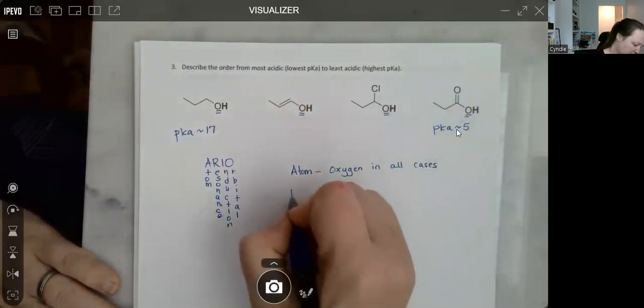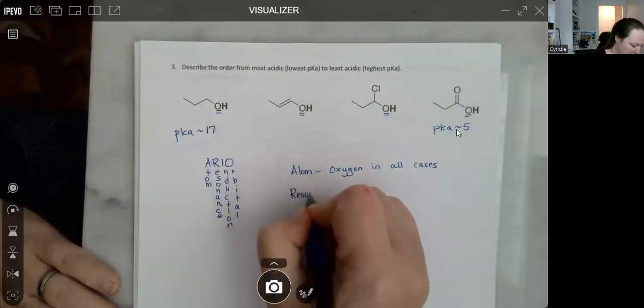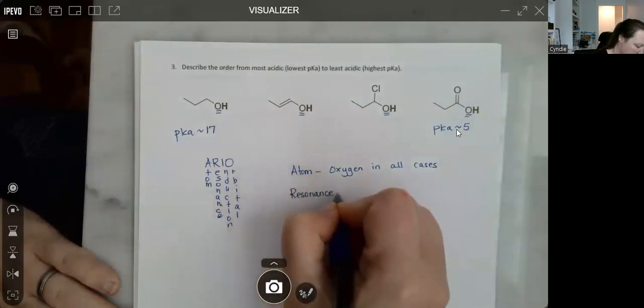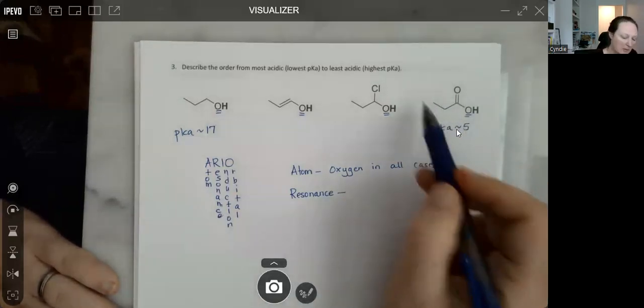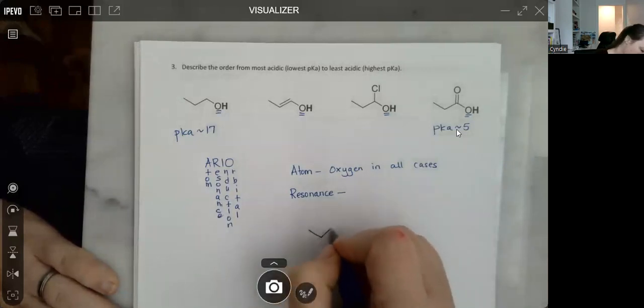So we're going to have to move on to resonance because there was no difference in the atom, right? So for resonance, we want to ask ourselves, once that proton is removed, how many of these compounds are resonance stabilized, right? So we can think about the carboxylic acid, right?